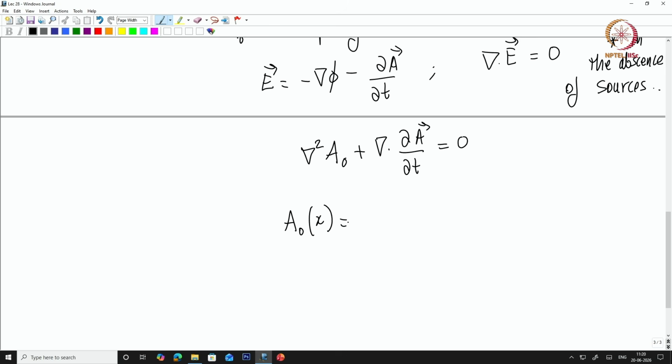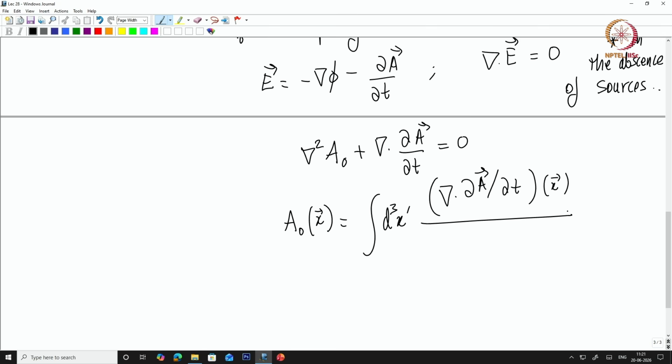It is an integral over d cube x prime, and del dot del A by dt, this whole thing of x prime, and because of the Laplacian solution you can put in the expression for x minus x prime.